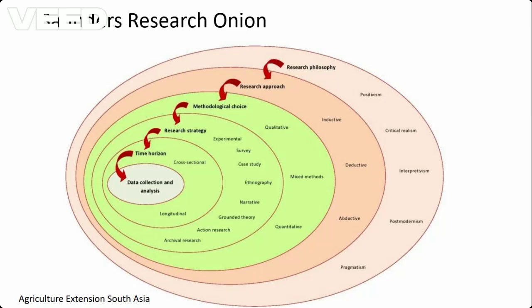Is it experiment, survey, case study, ethnographic, narrative, grounded theory, action research, or several other tests? And you're also going to decide the time horizon. Though I've observed in most cases people leave out the time horizon, but it's critical.